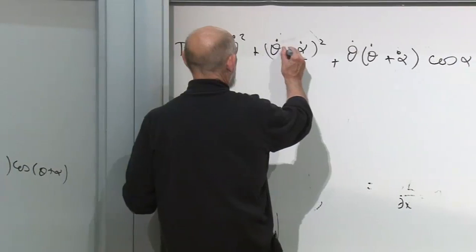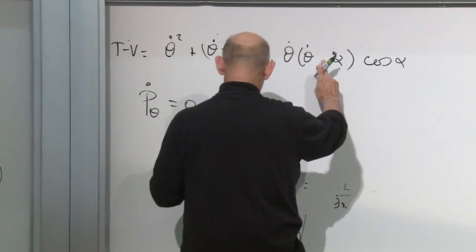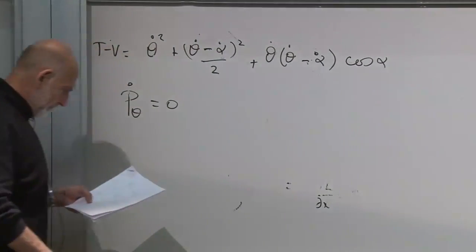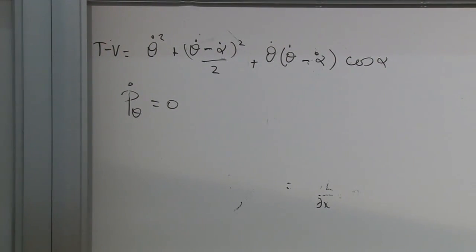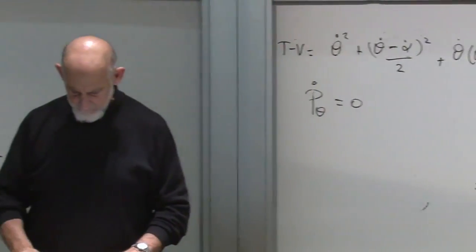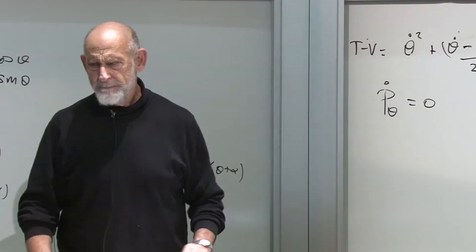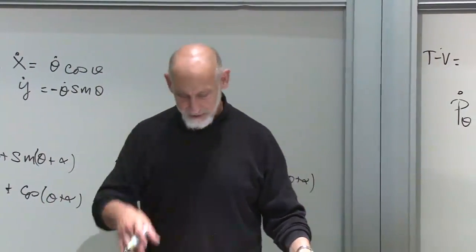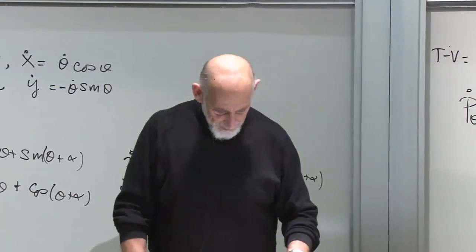This I think should be minus, and this I think should be minus. That's what I have in my notes anyway. But my notes could conceivably be wrong. Depends on which direction's positive for alpha. Right, it does. And we're not going to worry about it. You get the point. You can fiddle with it yourselves.